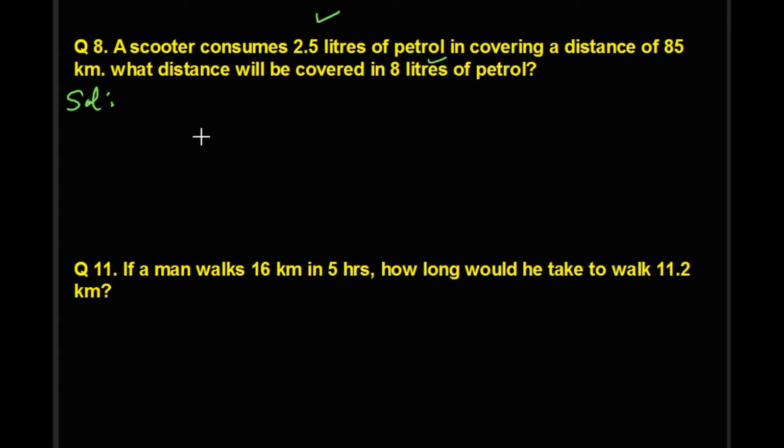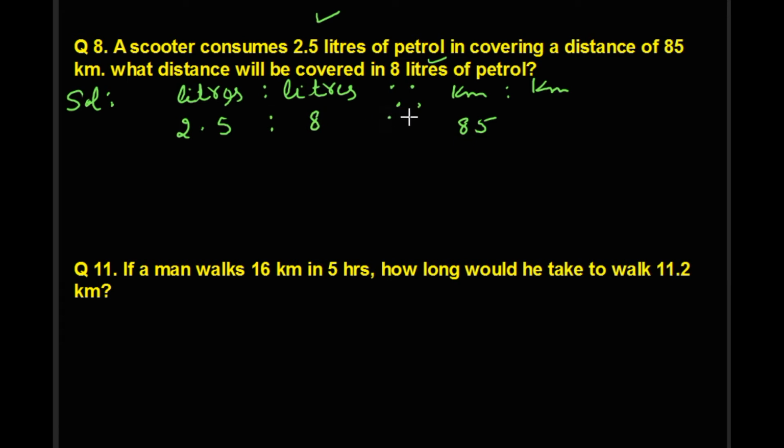So here liters, here liters. So we will take it this way. Liters ratio liters is as kilometer ratio kilometer. So first we will take 2.5 liter. In 2.5 liter it covers 85 kilometer.